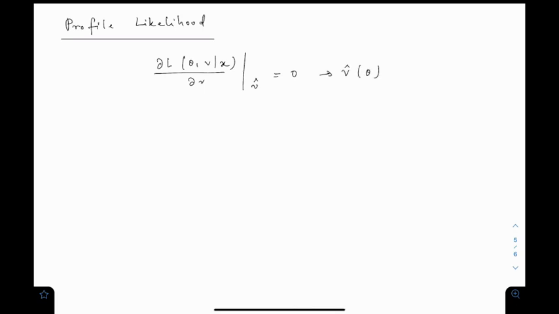Then we insert this into the likelihood function, and that basically gives the profile likelihood, which depends solely on theta.